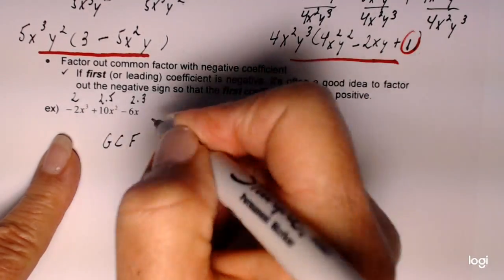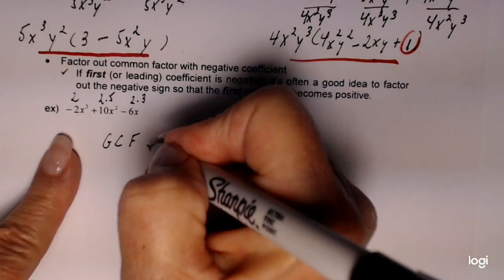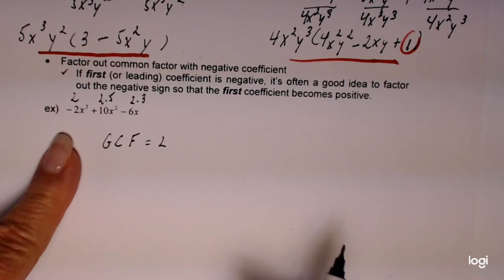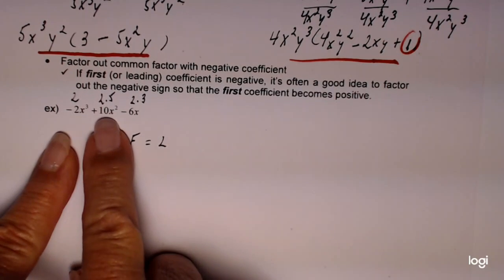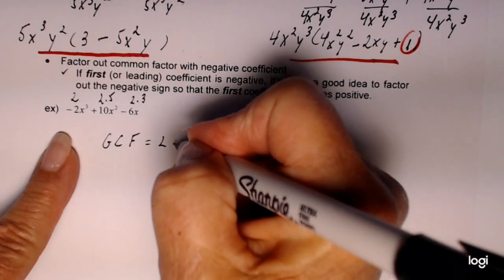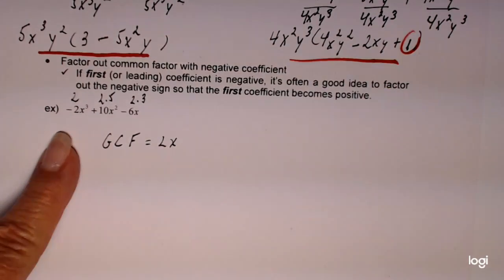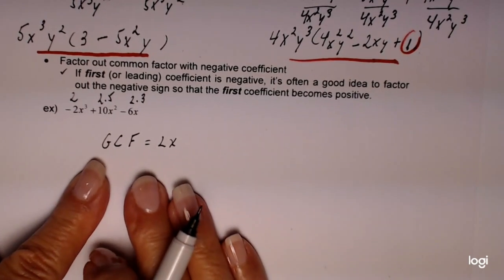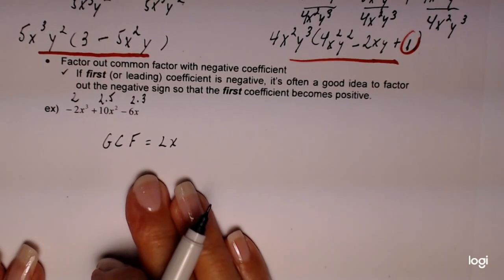Greatest common factor, again, we're ignoring the signs for now, is 2. Now let's take a look at the variable, the x's. We have x cubed, x squared, and x. So the greatest common factor in terms of the variable x would be x. So there is our greatest common factor that we have identified.